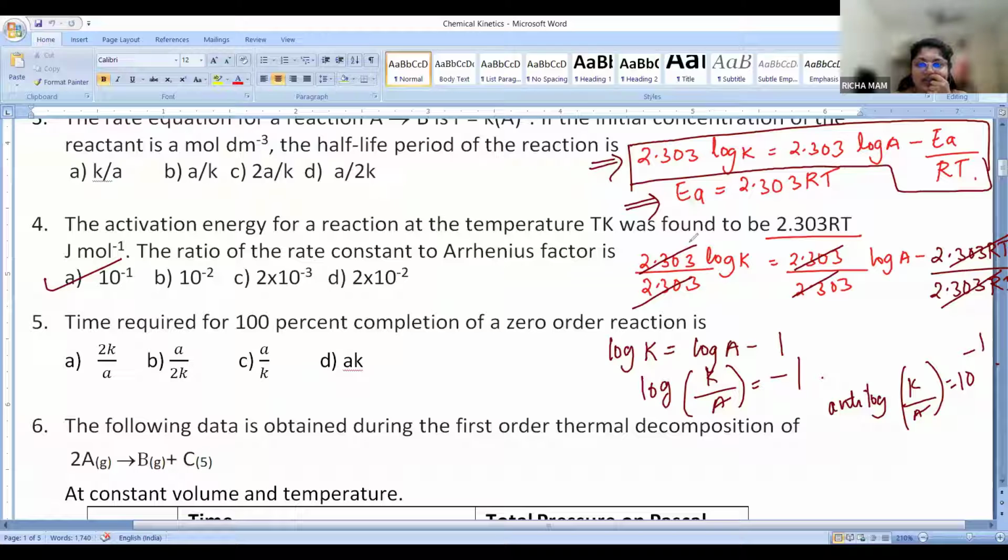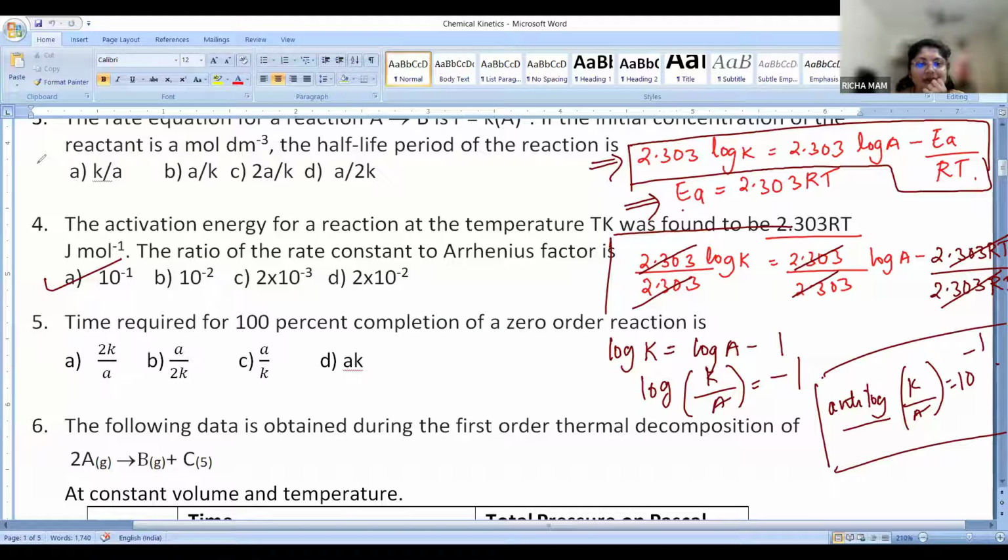So we have the activation energy. In the above equation, wherever 2.303 is there, we divide on both sides. So we get log of K is equal to log of A minus 1. So log of K by A is equal to minus 1. If we take anti-log, it becomes 10 raised to minus 1. So option number A is the answer. Okay, let us go for the next one.